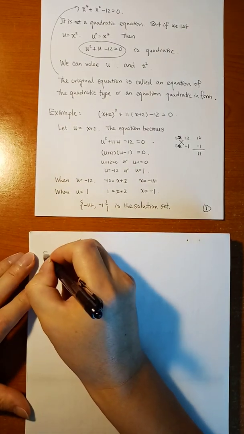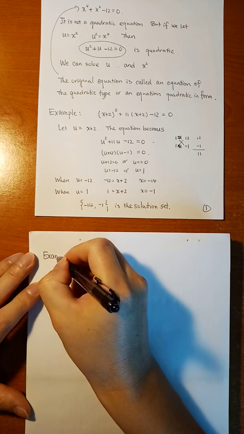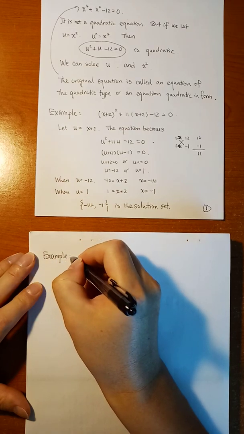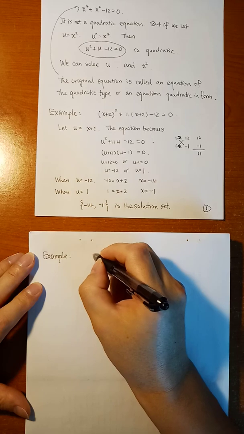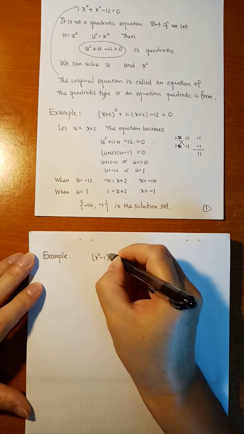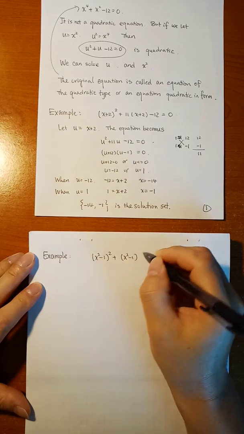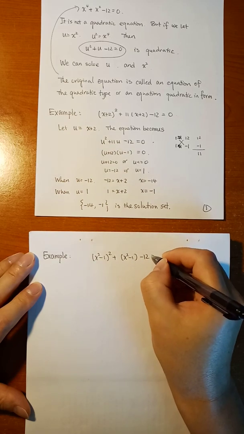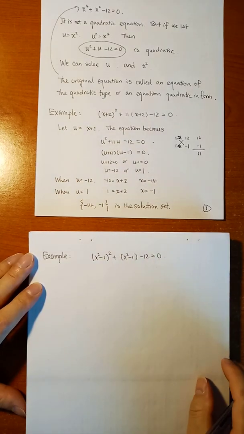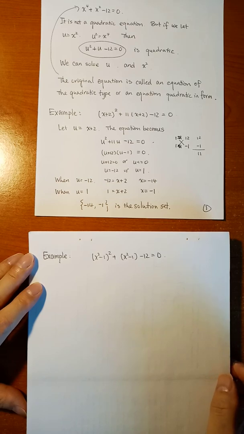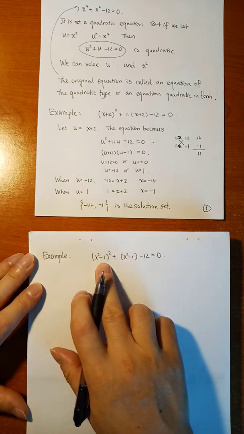Second example. We have the equation x squared minus 1 quantity squared plus x squared minus 1 minus 12 equal to 0. It's the same thing, or a similar thing.